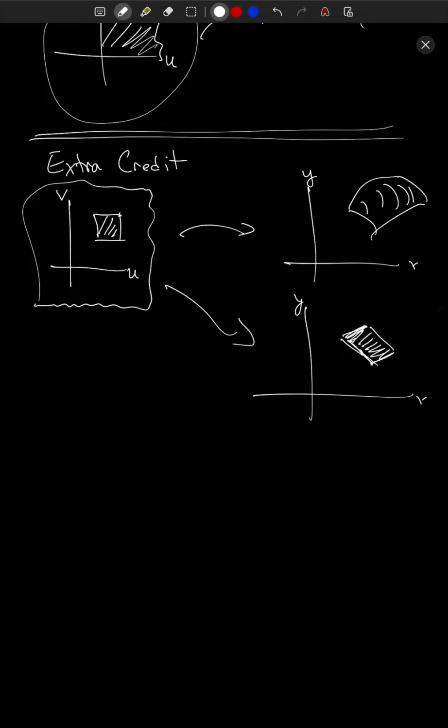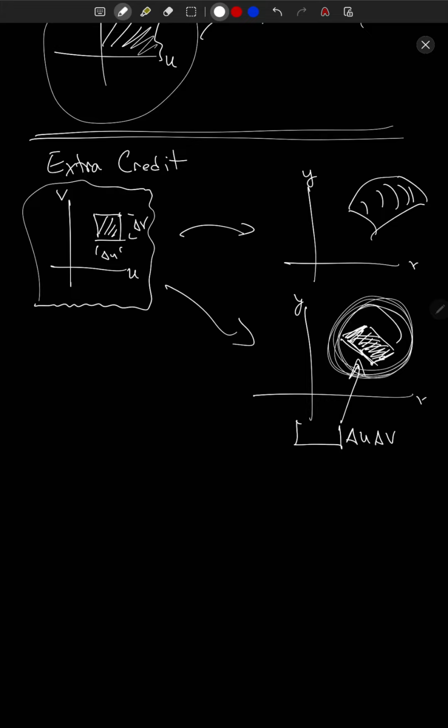What is the compensation factor? In the extra credit problem, I think one of the last parts was to figure out the compensation factor, and that was the area of this parallelogram. If this was delta U and this was delta V, then you came up with a formula for this parallelogram in terms of delta U and delta V. That was the compensation factor.